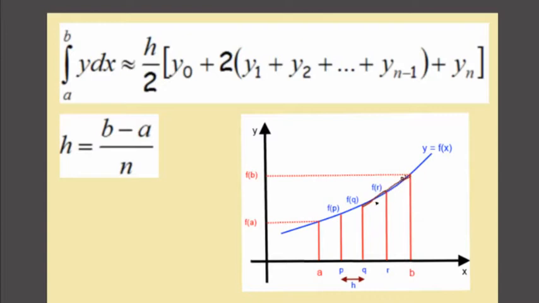The more strips you have, the smoother the curve. But as you can see, it won't give you a smooth curve, and that's why it only gives an estimate, not the real value of the area under the curve.